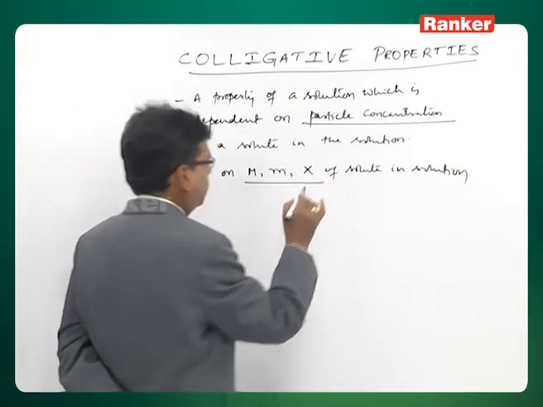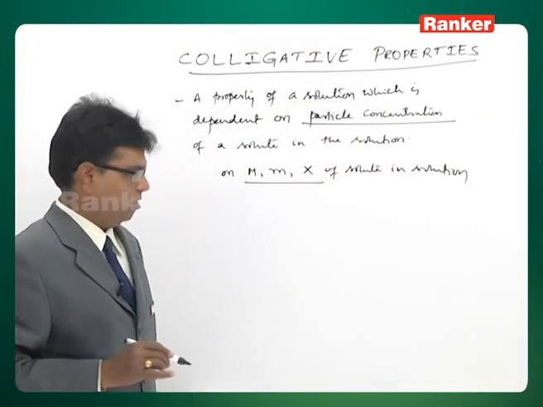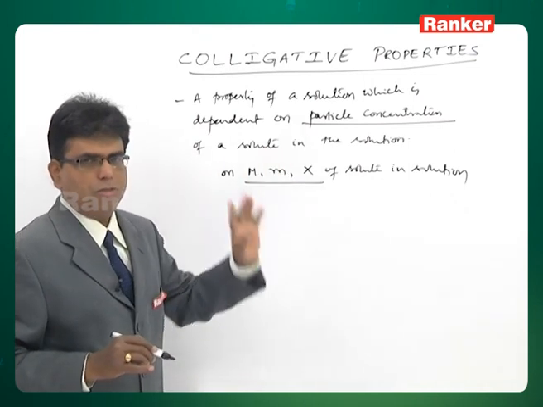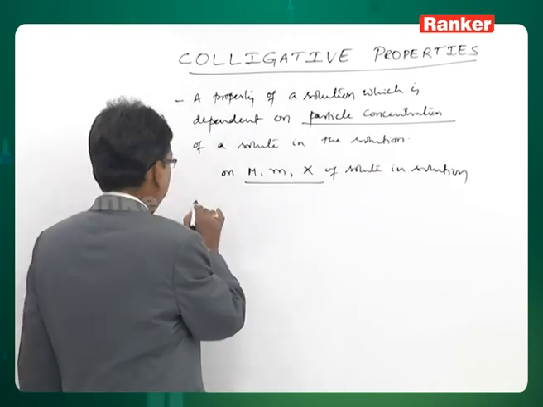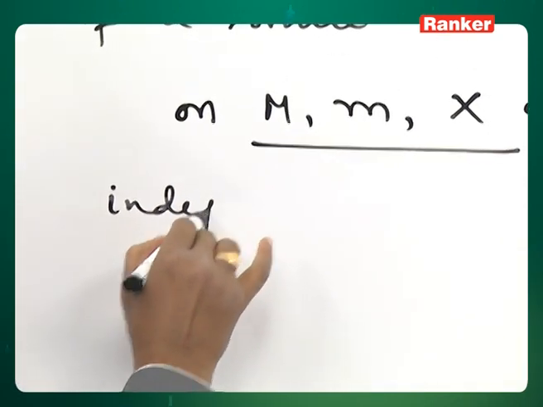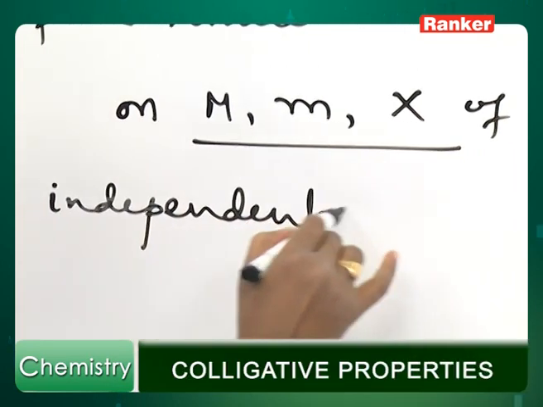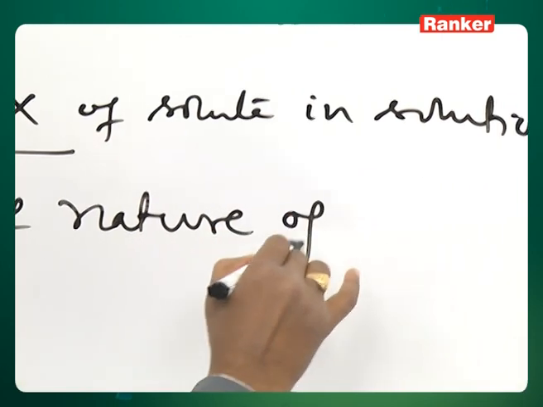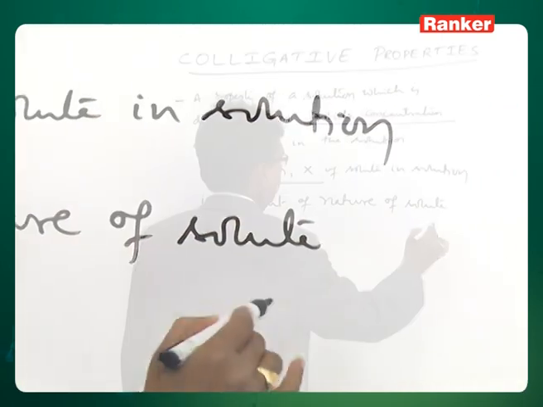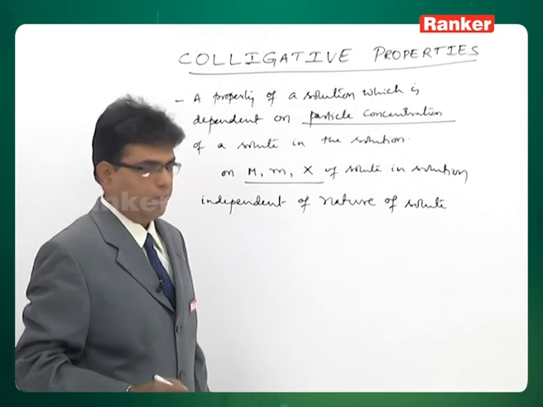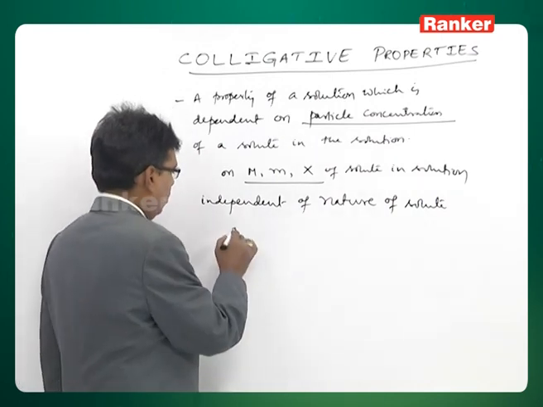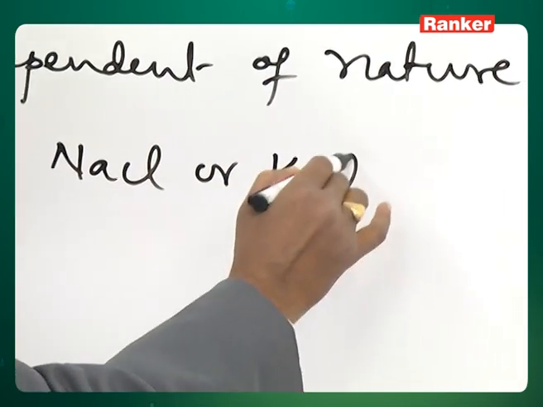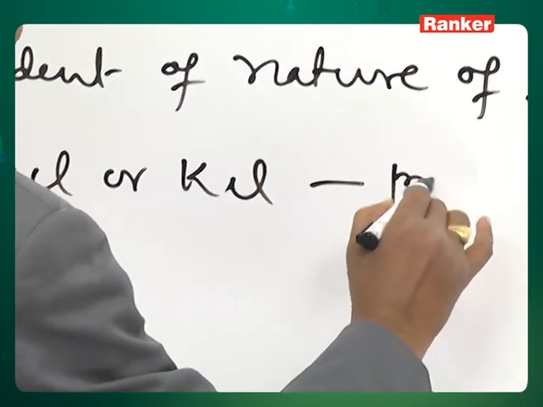The different concentration terms are what we already discussed. So, it depends on the particle concentration of the solute, but it is independent of the nature of the solute. Meaning, whether the solute is NaCl or KCl, the property is the same.